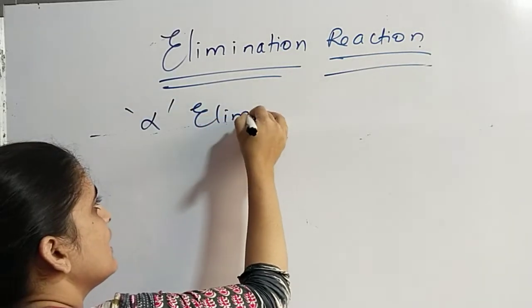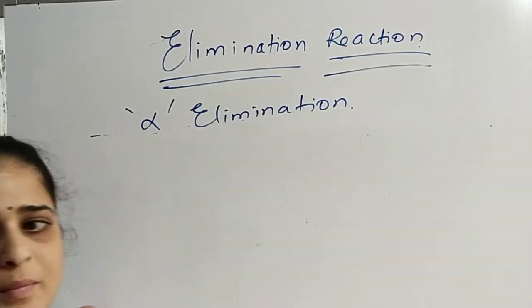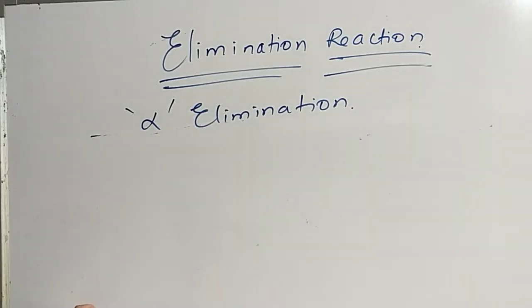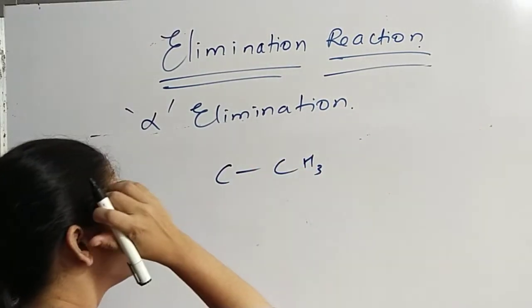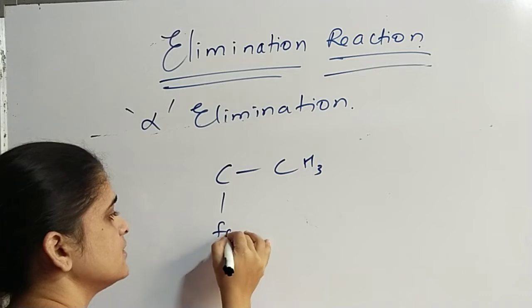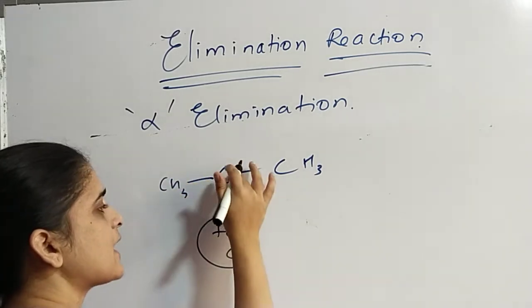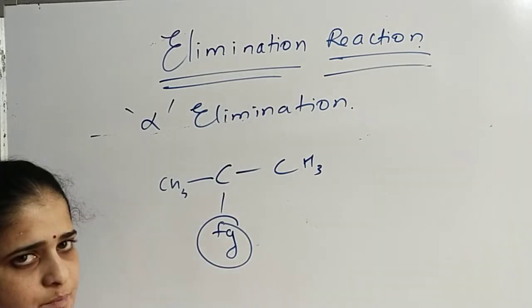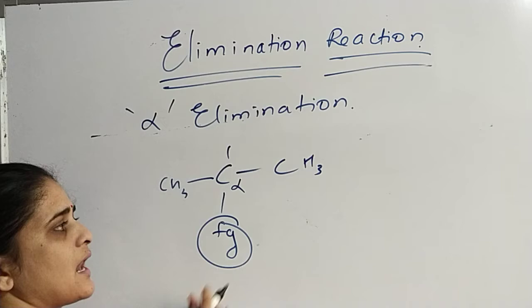Alpha elimination. For that you should first know the basic thing, that is, what is an alpha carbon. So now see, this is your functional group. The carbon to which the functional group is attached is called the alpha carbon.